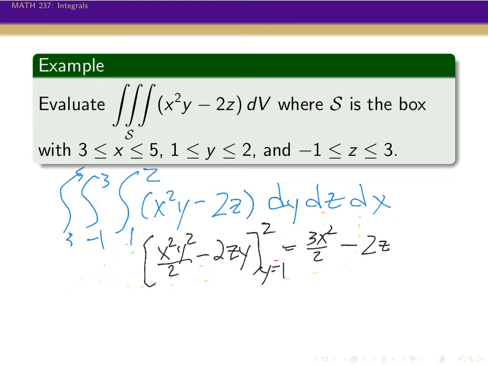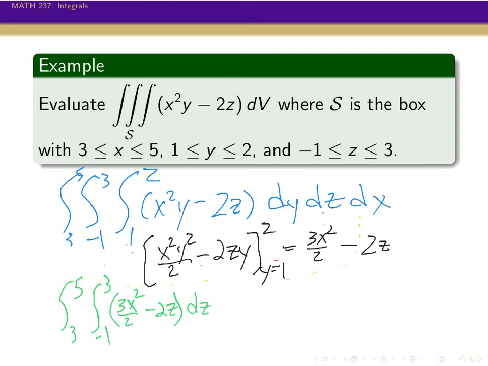We plug that in to the next integral. And so now we have the integral from 3 to 5, the integral from -1 to 3, of 3x squared over 2 minus 2z. Notice that we have completely gotten rid of the y's. So now we're just integrating in terms of z, dz, and dx.